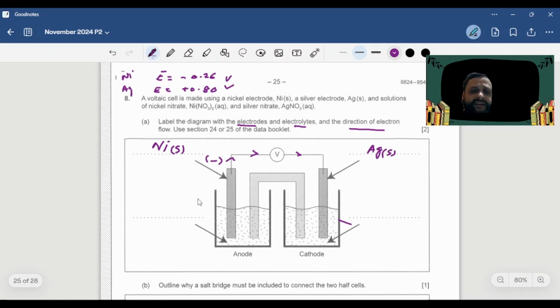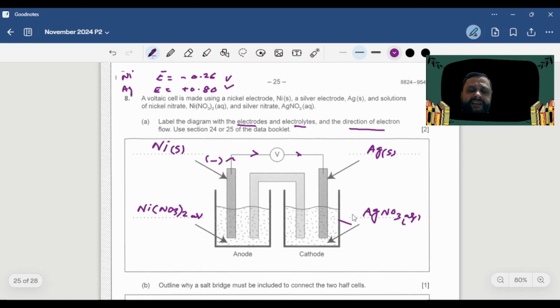And we have electrolytes now. So at the anode, nickel nitrate, Ni(NO3)2 aqueous, is used as an electrolyte. And on the silver half cell, silver nitrate, AgNO3 aqueous, is used as an electrolyte.